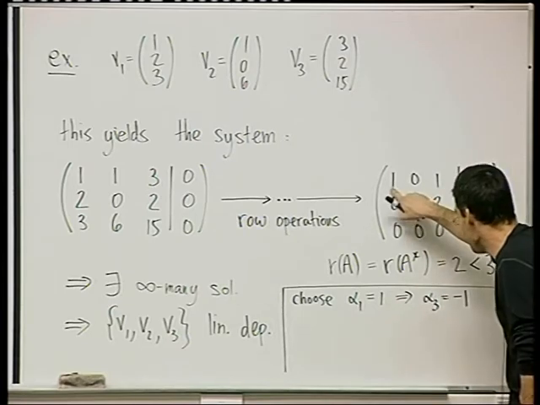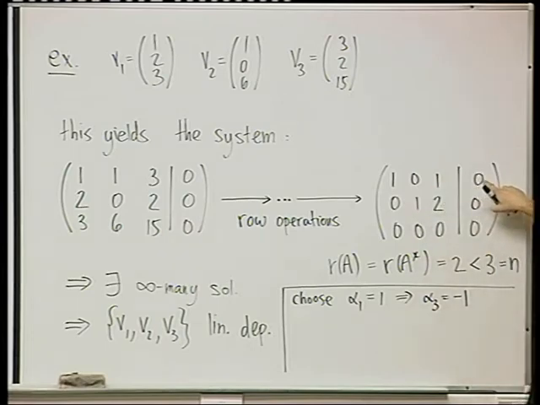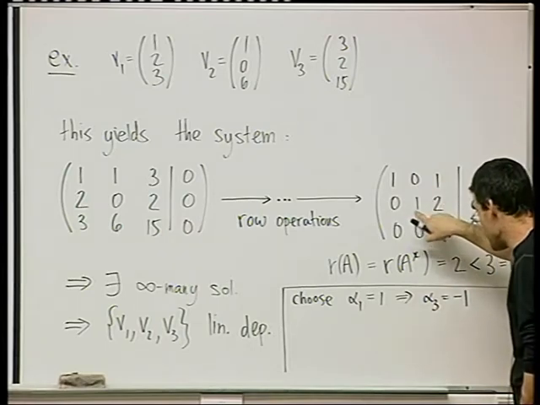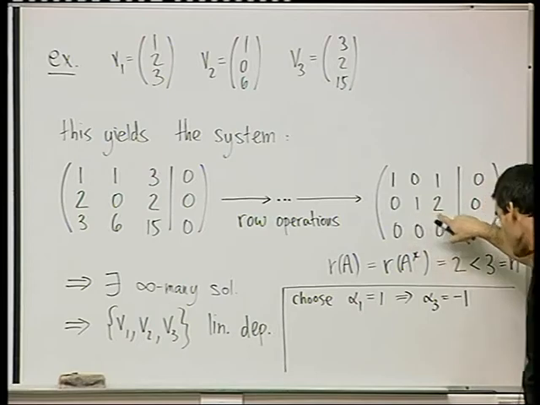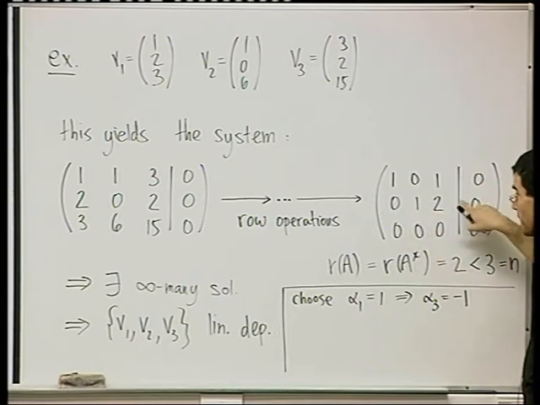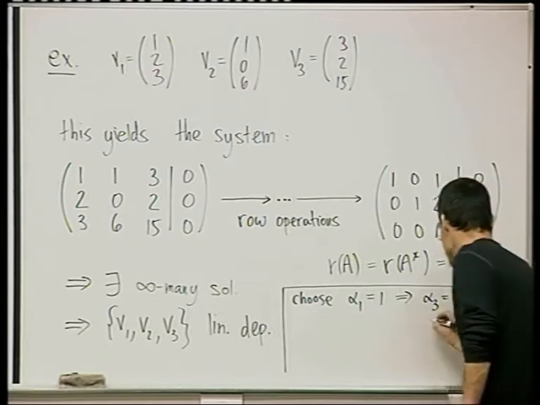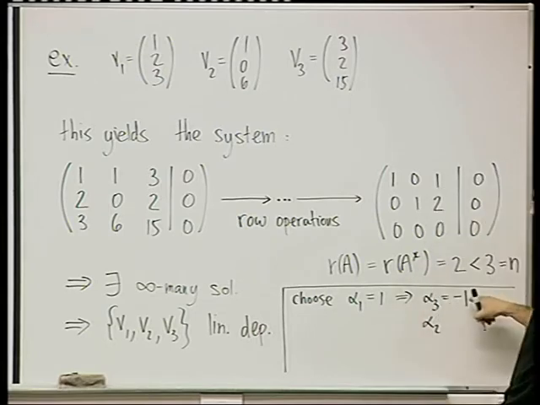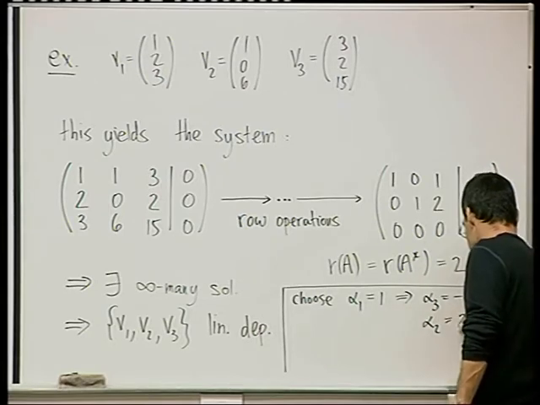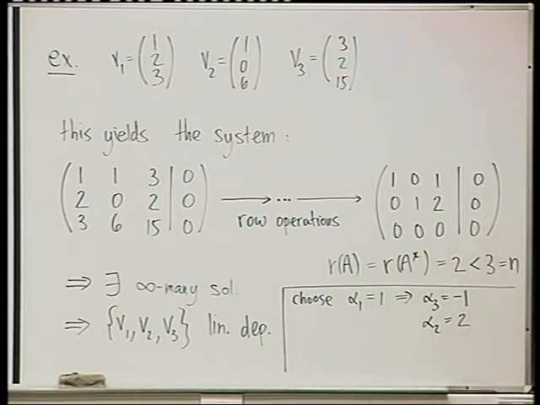And then in turn, this says that alpha 2 plus 2 alpha 3 equals 0. So alpha 2 is minus 2 alpha 3. So alpha 2 is minus 2 times minus 1. So alpha 2 is 2.